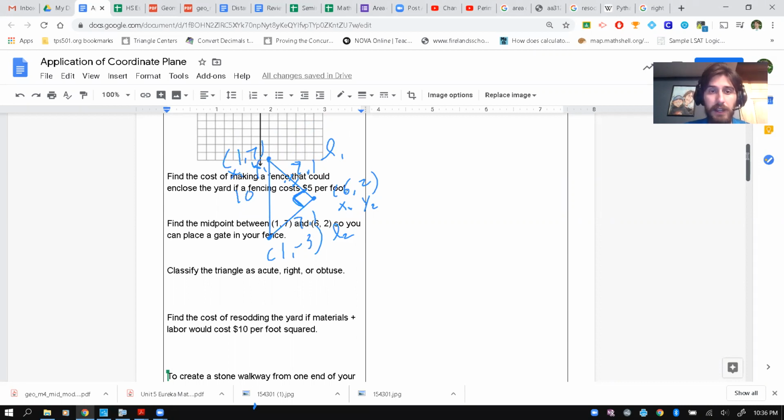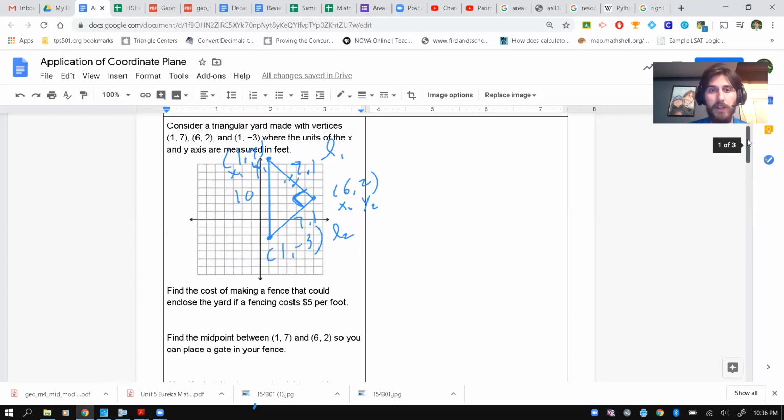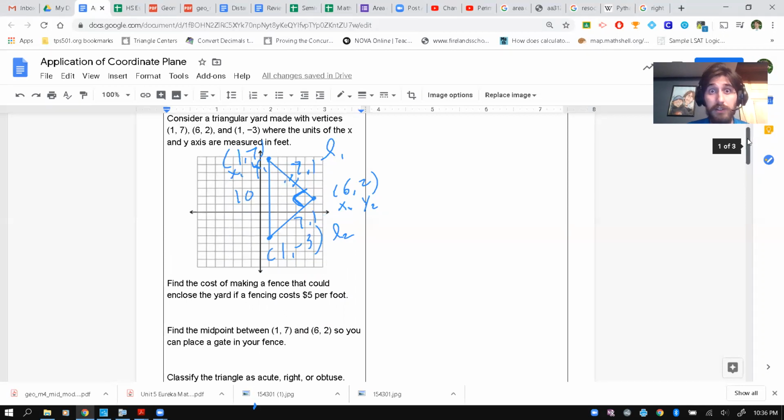So the idea here is I'm going to replace all of the lawn, all the grass that I have here, with the new ultra grass, which is just like regular grass, but it's ultra. In order to do that, I need to know how much area my triangle covers, because it costs $10 per foot squared. So I have to see, do I have enough to get ultra grass?